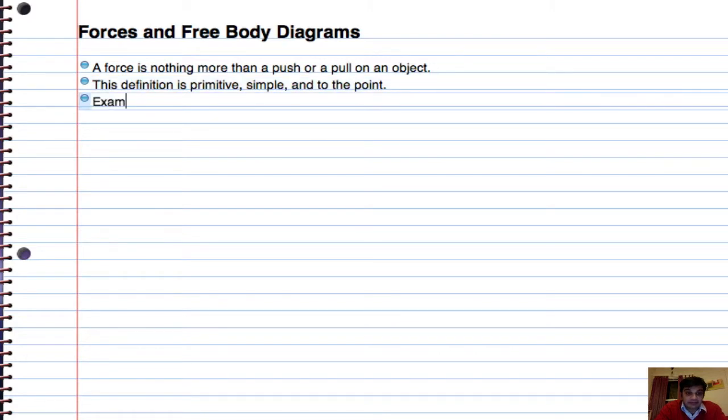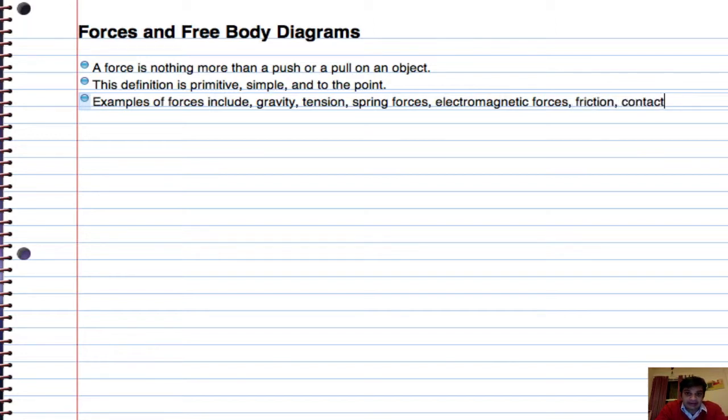Examples of forces include things like gravity, tension, spring forces, electromagnetic forces, friction, contact forces.